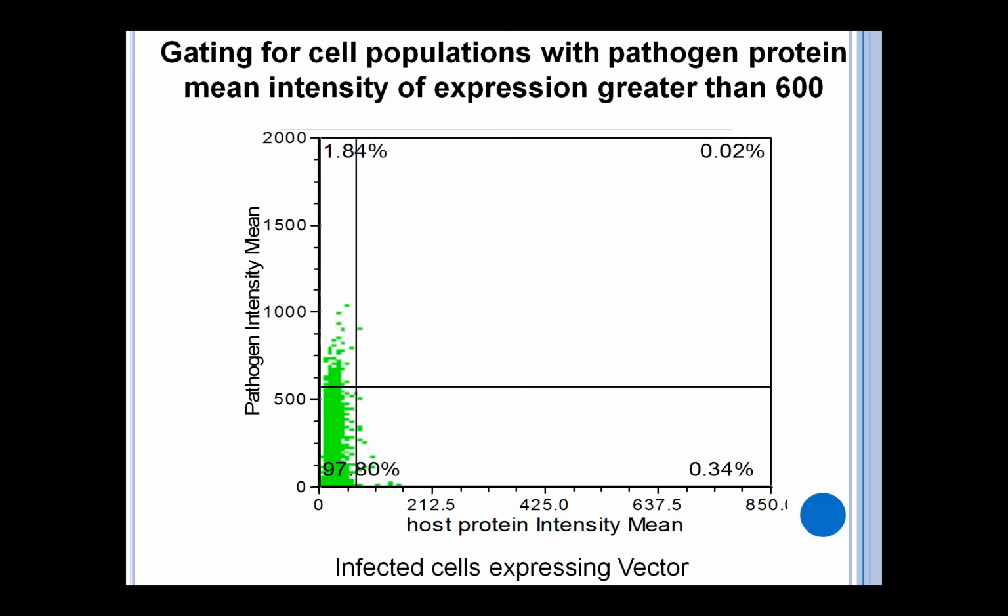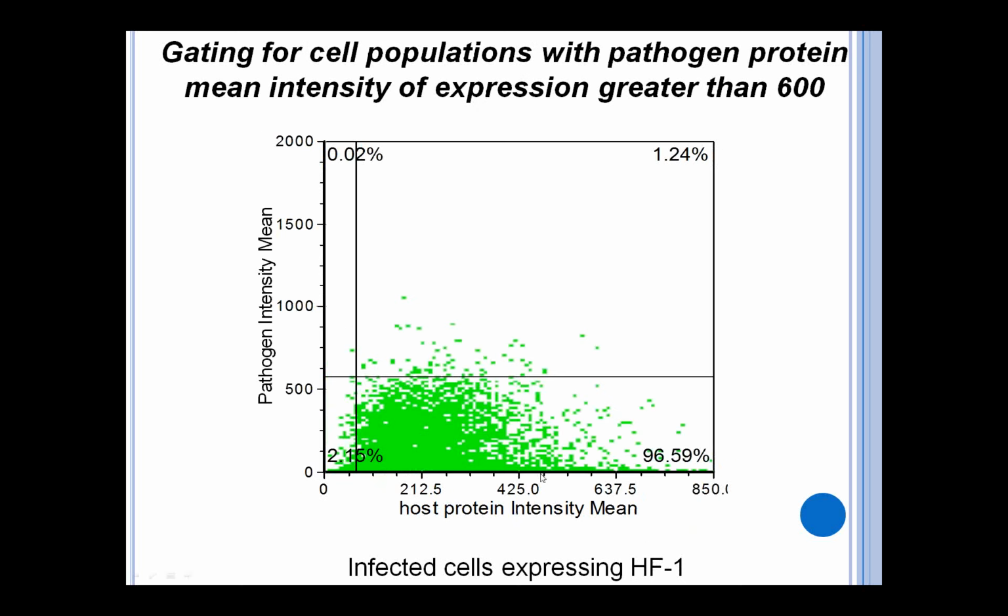In order to measure those populations, we created a gate based on the cells expressing vector alone, with a cutoff of around 600 mean intensity. Here, the cells which are expressing vector alone have high intensity pathogen at a rate of about 2%.